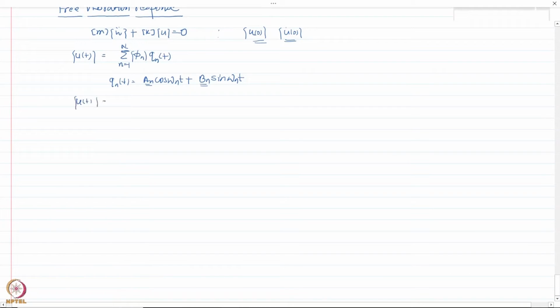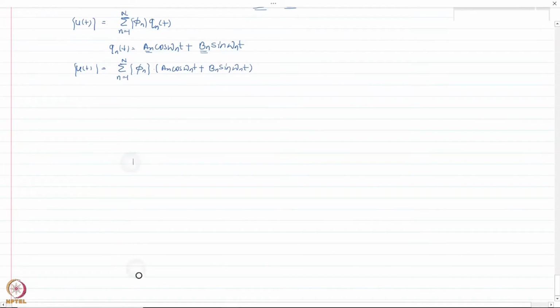It is the summation of phi n, which is the mode shape, times qn of t, which is an cos omega nt plus bn sin omega nt. We can similarly get the velocity by differentiating with respect to time.